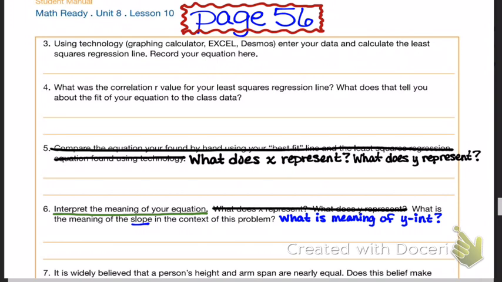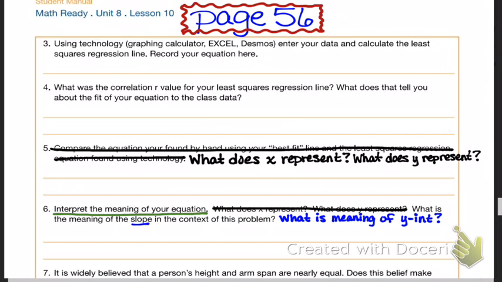Question number 5 is saying compare the graph that you make with technology to your hand-drawn graph. I am not making you guys plot all those points on that little sheet of paper by hand. That's just cruel. So we're not doing that. Instead, I want you to replace it with what does X represent and what does Y represent. That is part of question 6.